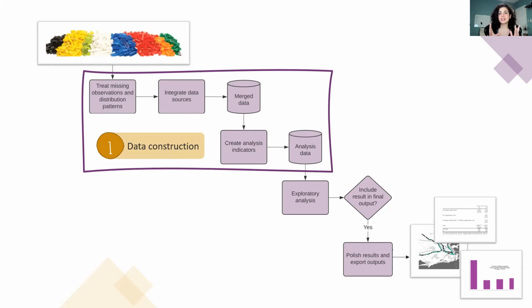As you can see, there is still a lot of data manipulation involved in construction. But unlike the manipulation done in data cleaning, changes made during construction aim to satisfy the requirements of your research design, not your statistical software. Of all the steps involved in this chapter, this is the point in the workflow where most mistakes happen. So make sure to read carefully all the considerations we make about common unintended outcomes and how to avoid them.